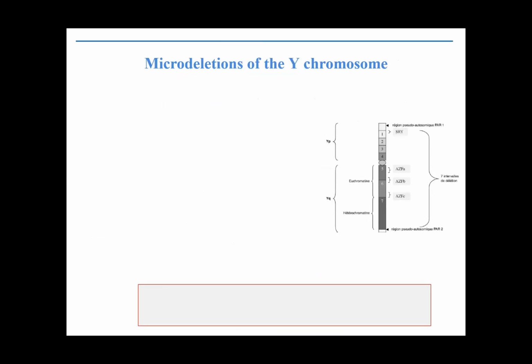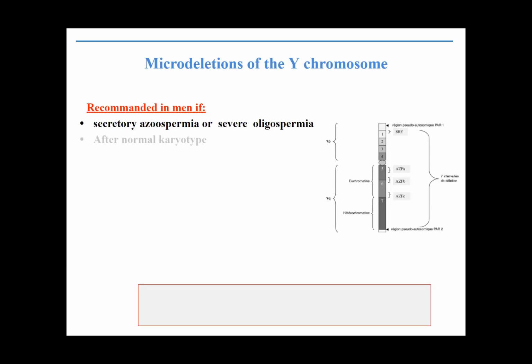Microdeletion of the Y chromosome is recommended in men with secretory azoospermia or severe oligospermia after a normal karyotype.